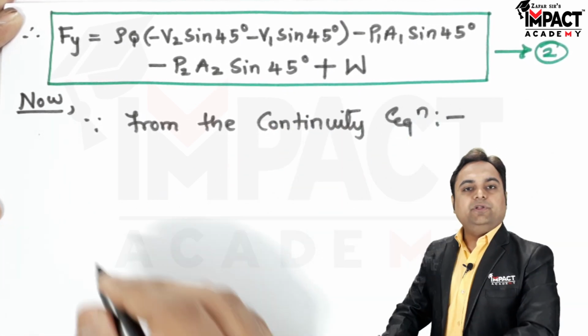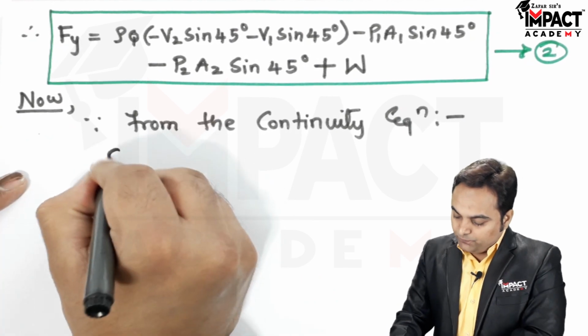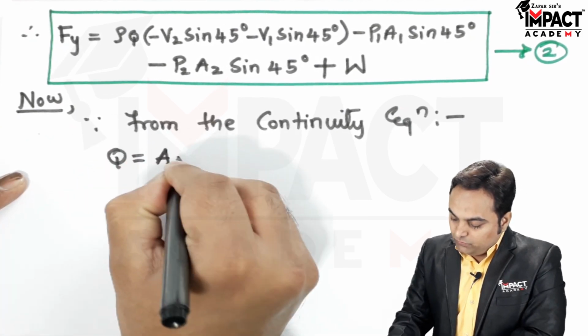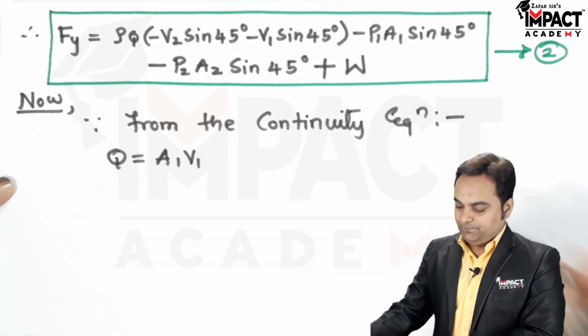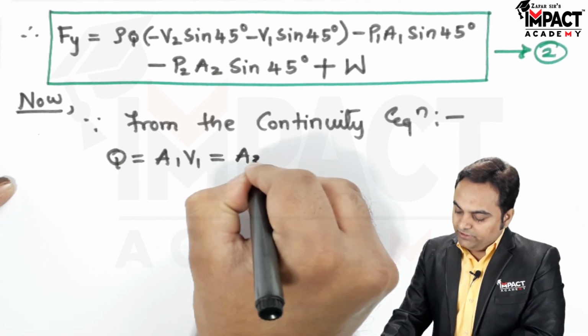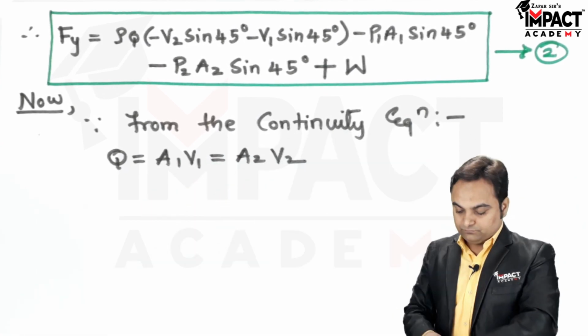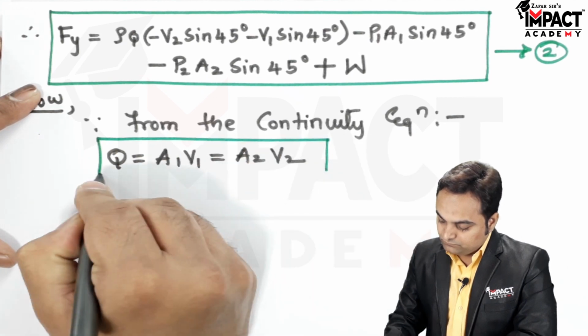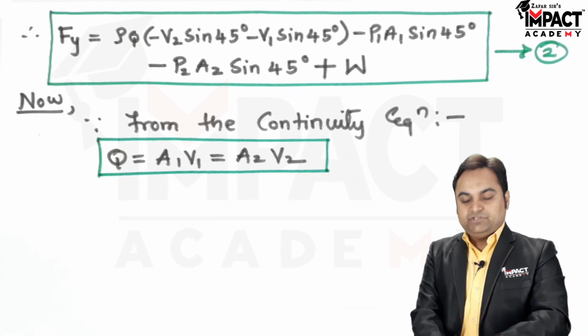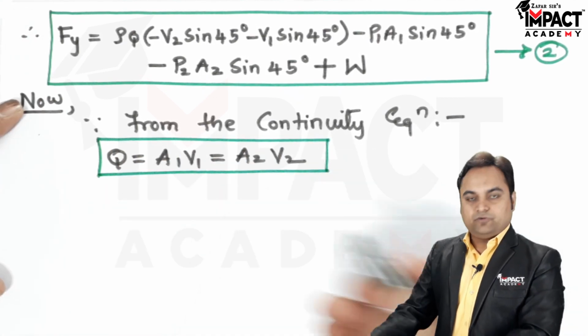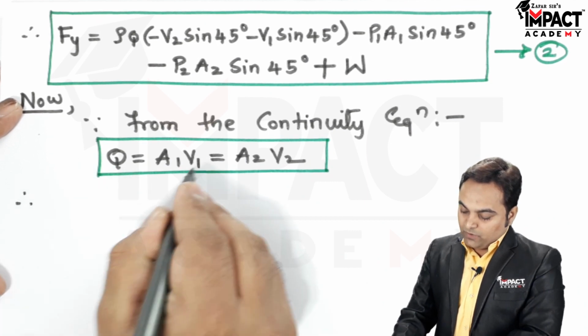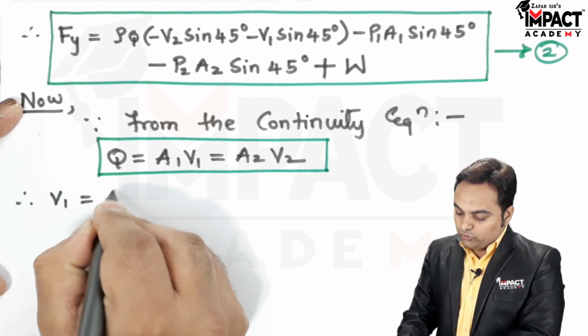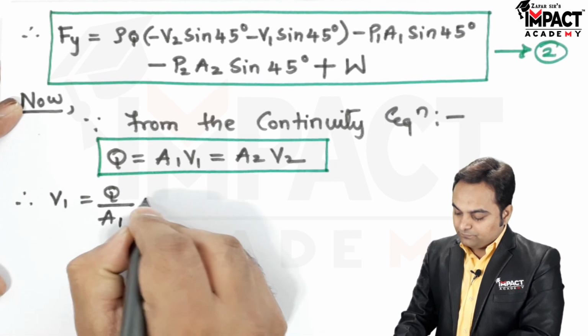Since from the continuity equation discharge capital Q is equal to A1 V1 and that is equal to A2 V2, that's the continuity equation, that is discharge remains constant. So therefore V1 would be Q upon area 1.